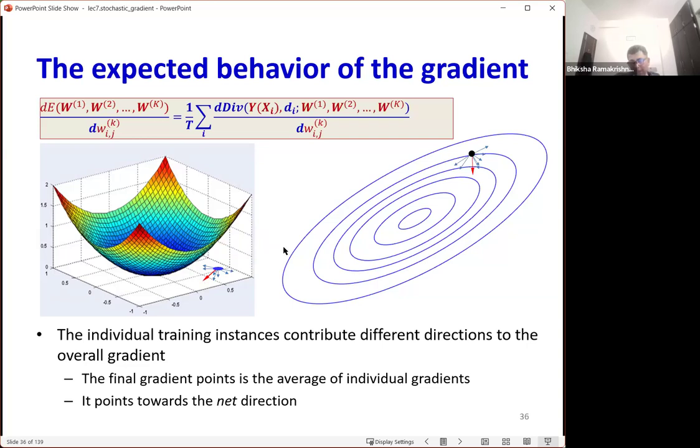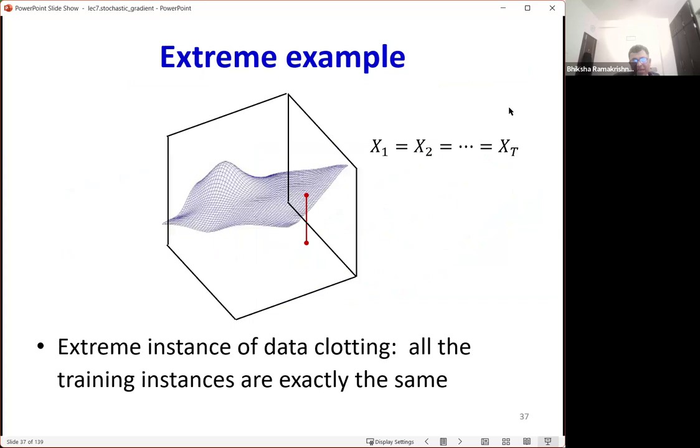In your standard training. So now consider, this averaging works nicely if all of your training data are diverse. Now, if I have many training instances which are all identical, what would happen if I took the average divergence over all of the training samples? If all my training points were identical, what does the average look like?